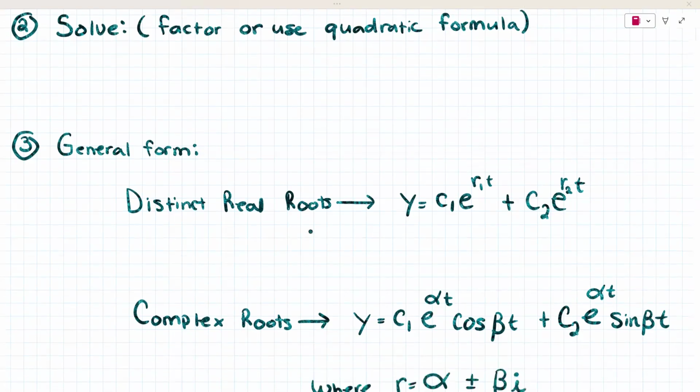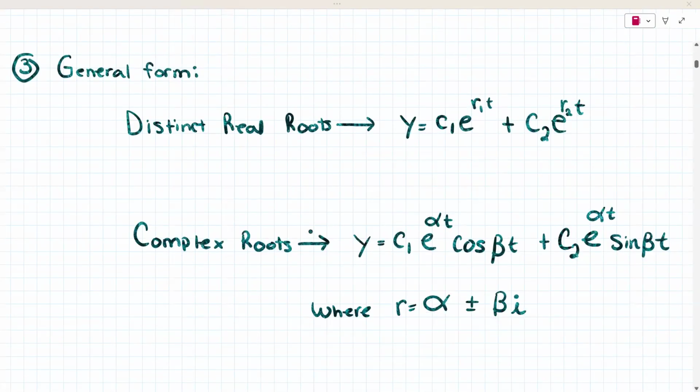So what happens if your roots are complex? You would have to use this formula. It's almost similar to this. The only difference is now you have a cosine of beta t, and then this is alpha t.